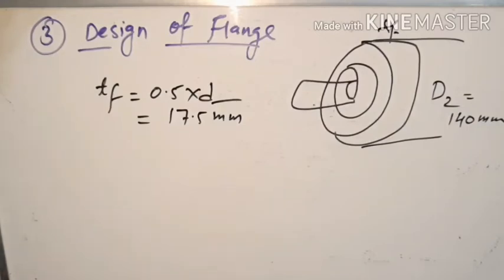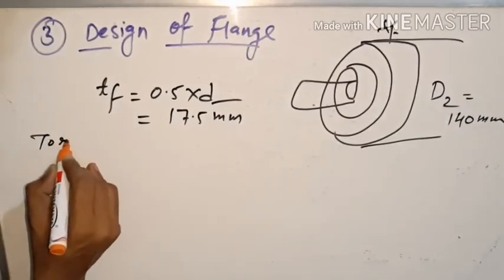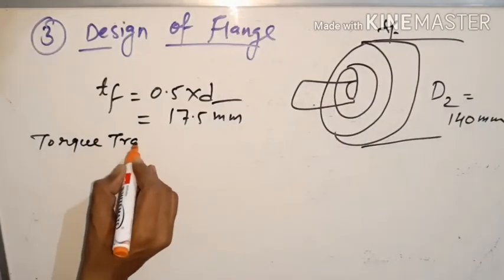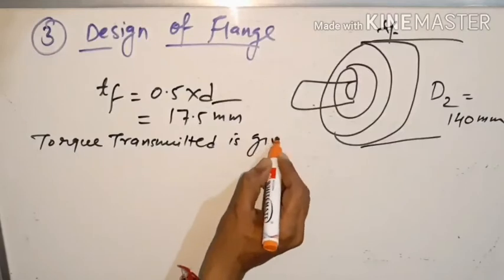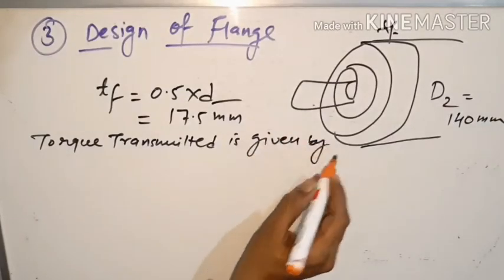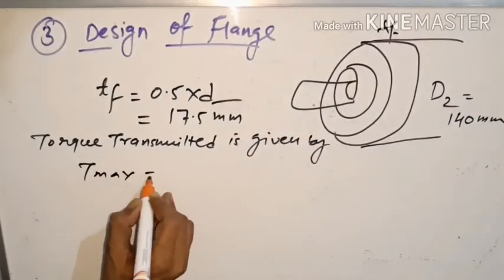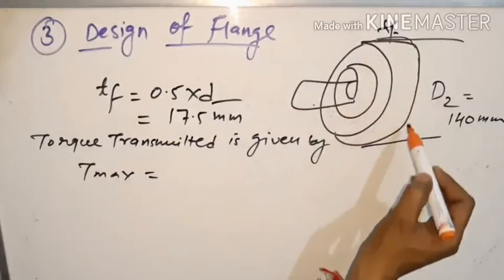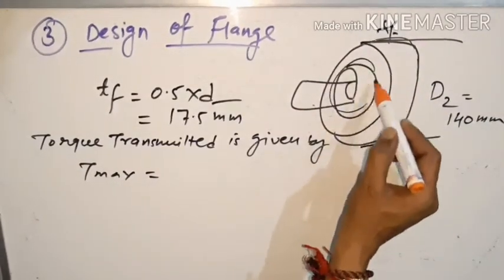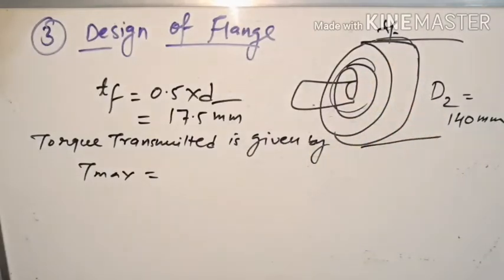So we are checking from the equation of the torque transmitted through the flange. So torque transmitted is given by, for this section, for the flange, T max is equal to... Look here carefully. This is the flange, and the hub is also fixed with the flange.